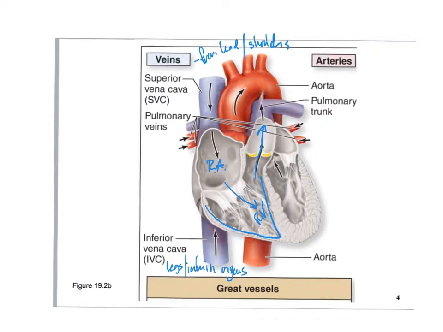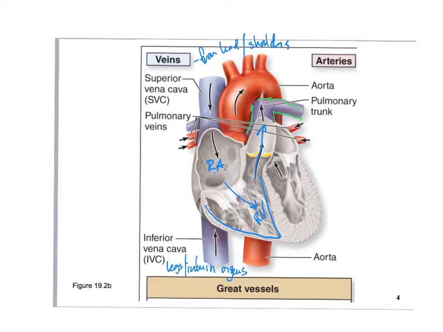Okay? And so then it enters the big vessel right here. This vessel in green, that is your pulmonary trunk. And from there, it branches into pulmonary arteries, which carry deoxygenated blood to the lungs.